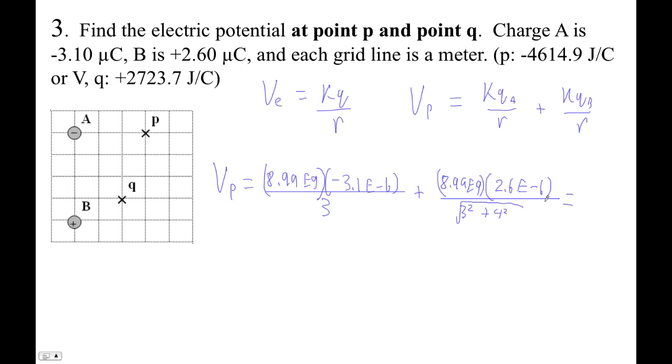All right, so here we go. This potential is negative 4614.9 volts, and that's the voltage at P.